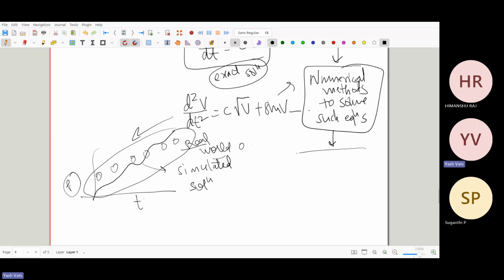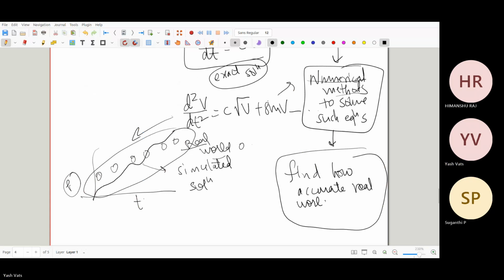So the next step is similar. You have to simulate it numerically, and you need to be sure that your numerical method is correct. That is also important. Then you find how accurately the real world data fits the exact or simulated solution.